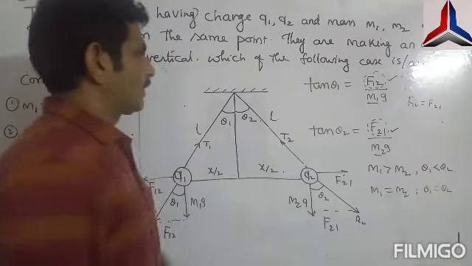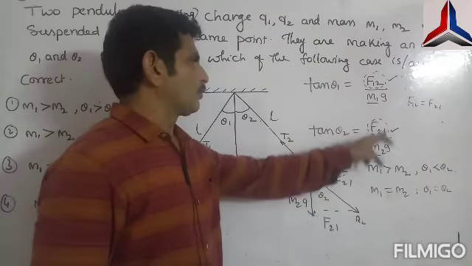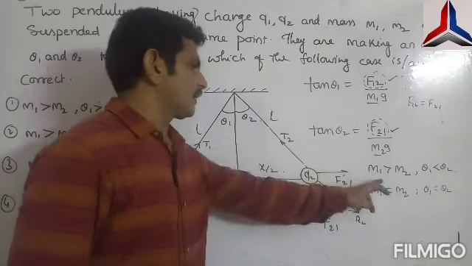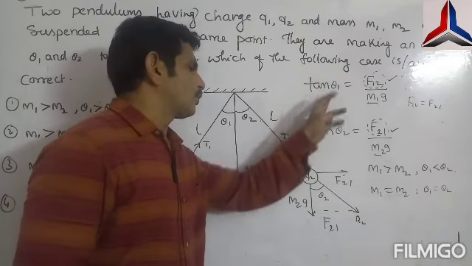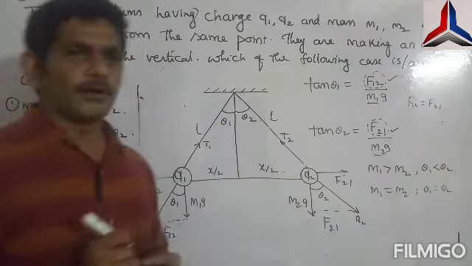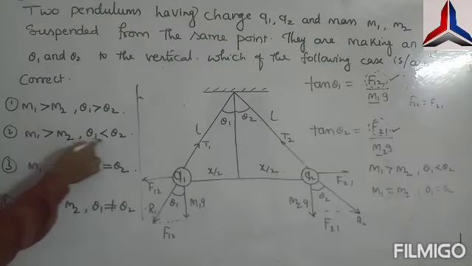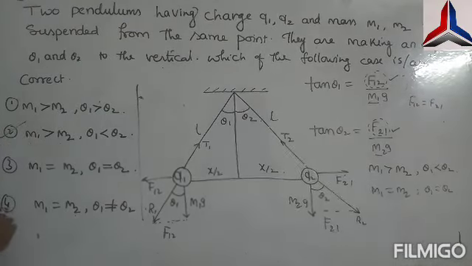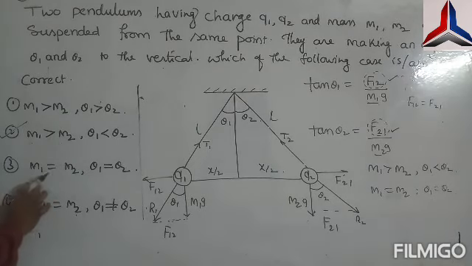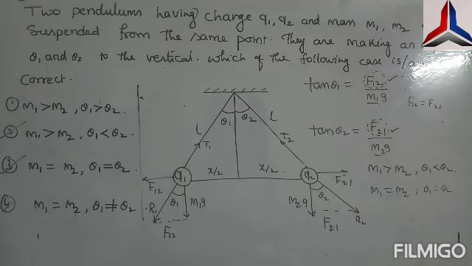So if M1 is greater than M2, then θ1 is less than θ2. If M1 is equal to M2, θ1 is equal to θ2. I hope you can understand which are the cases. M1 greater than M2 gives θ1 less than θ2, and if M1 is equal to M2, θ1 is equal to θ2. This is the answer. So these two cases are correct, right? I think you can understand this case.